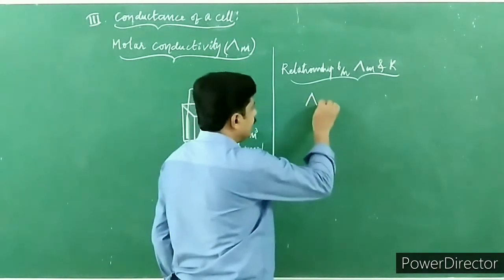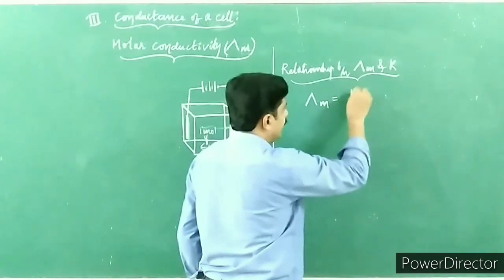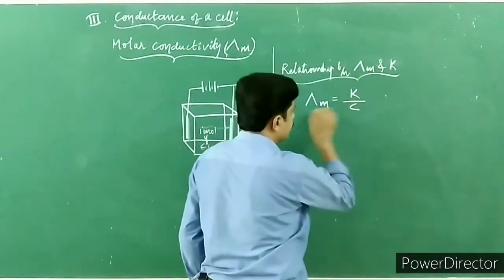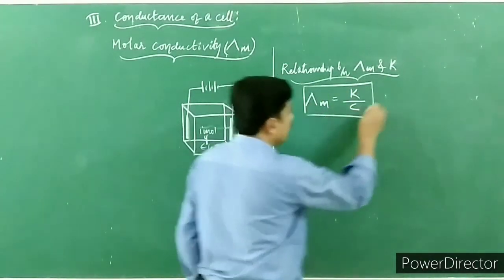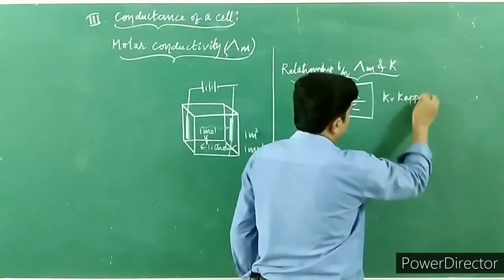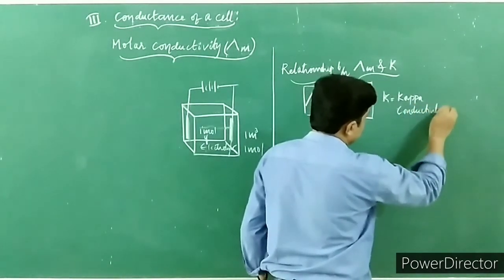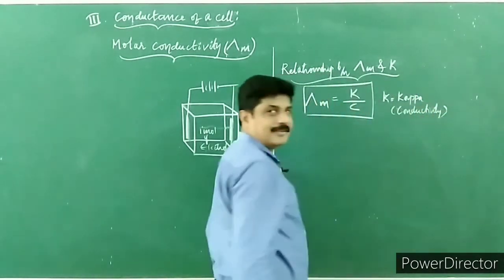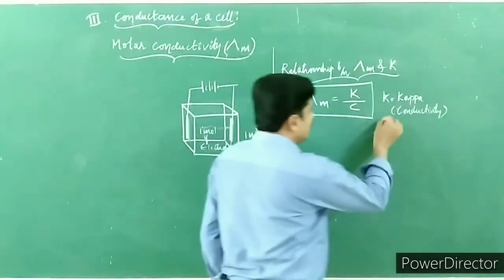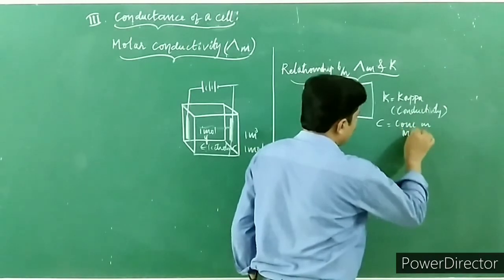Molar conductivity is related to kappa, like K by C, where K is nothing but kappa, that is conductivity. Hope you understand that, right? C is nothing but concentration in terms of molarity.